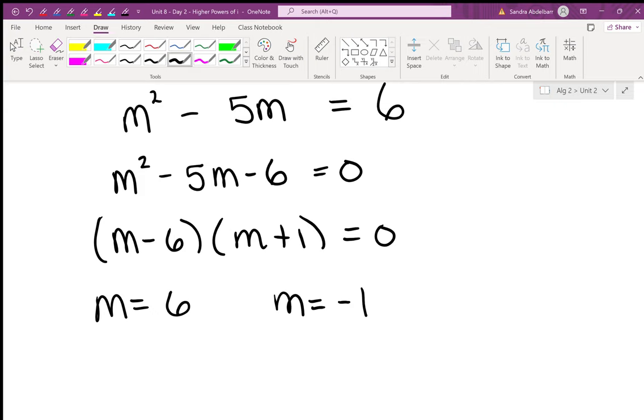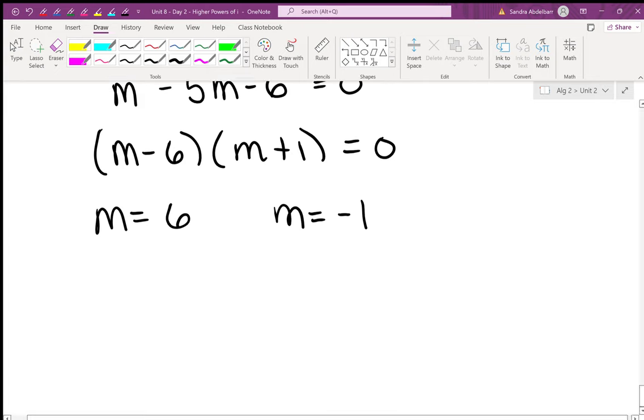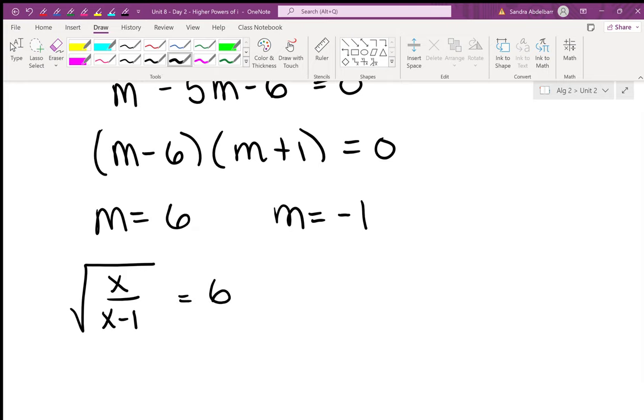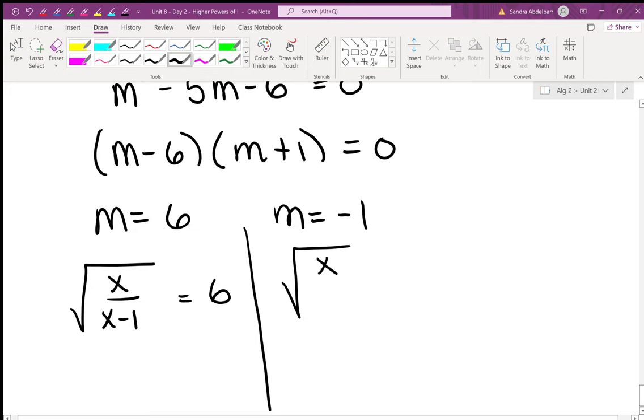No, the biggest thing with substitution that most people forget is to substitute back, right? So now I know that m is representing the root of x over x minus 1 equals 6. And then you have the root of x over x minus 1 equals negative 1.